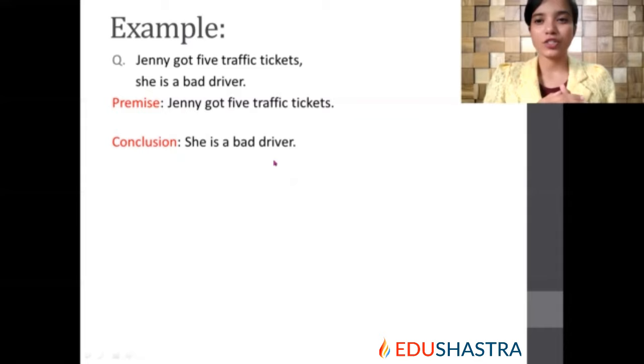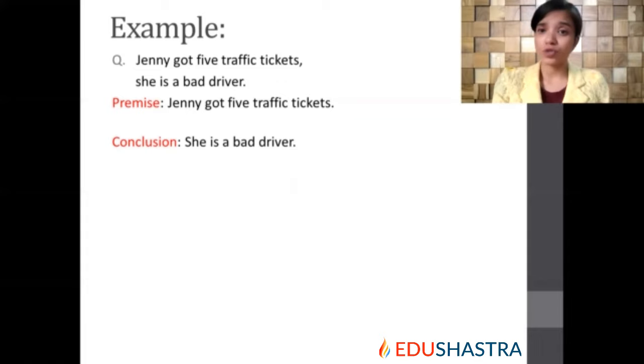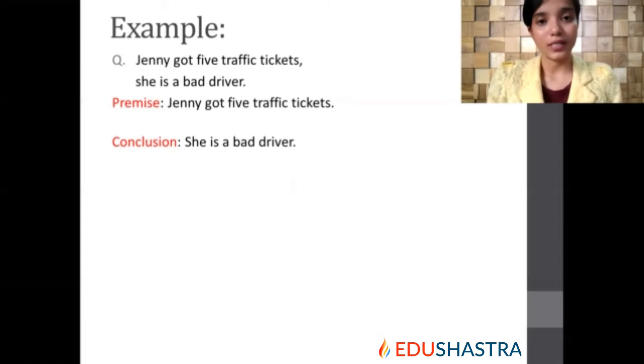Now, out of these two, what is my assumption? What connects my premise and conclusion, right? As I said, assumption is just guessing or a prediction, so I can assume n number of things. I can also assume that Jenny got a BMW car. I can also assume that she has a red color car. So all this becomes a right assumption, but will that help my question?